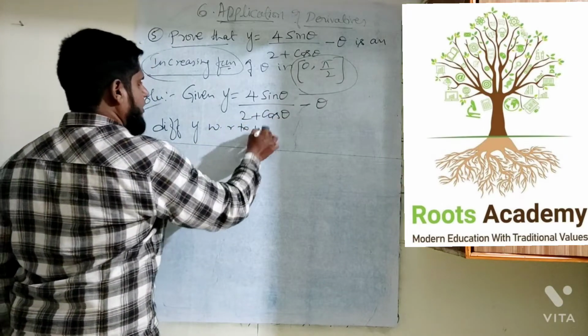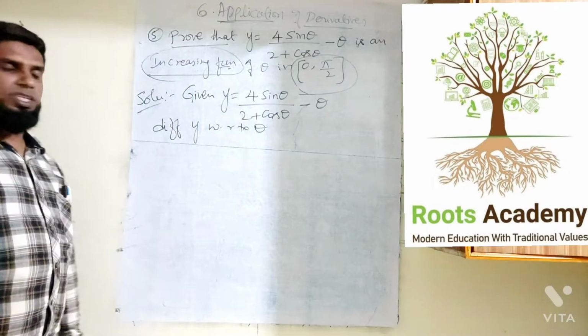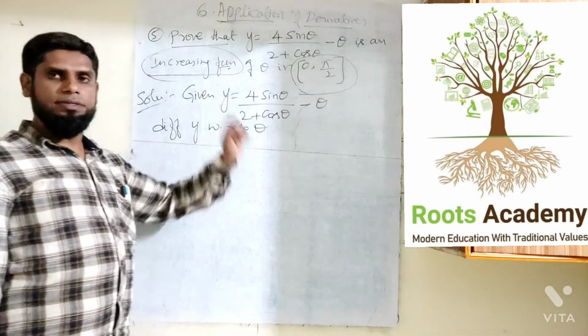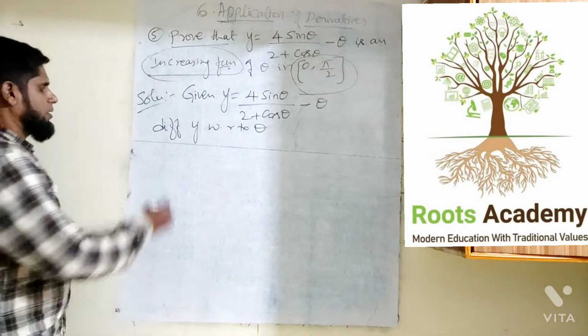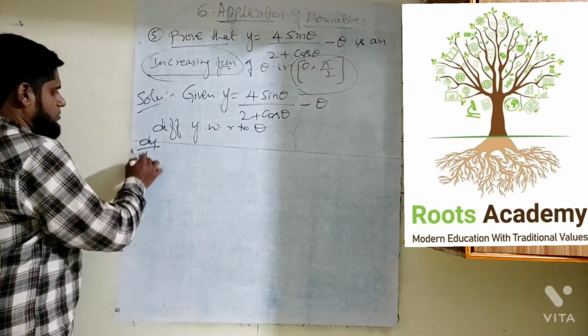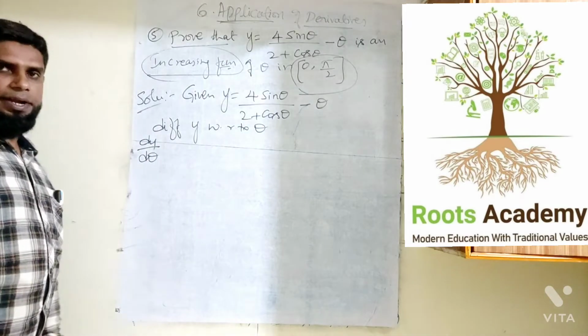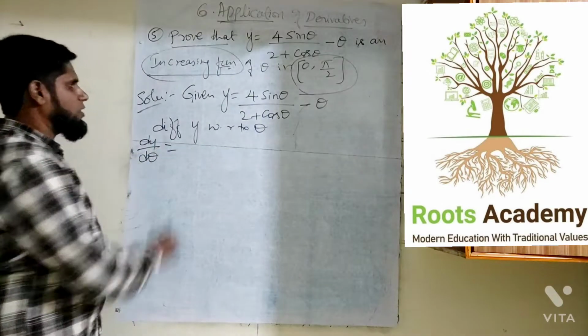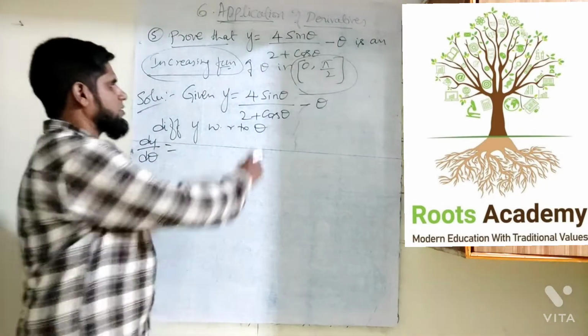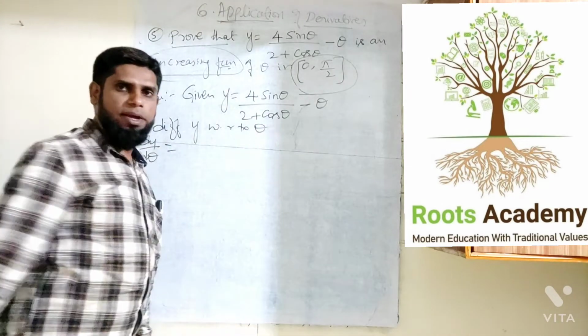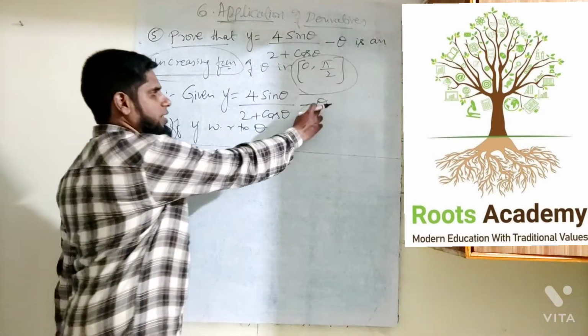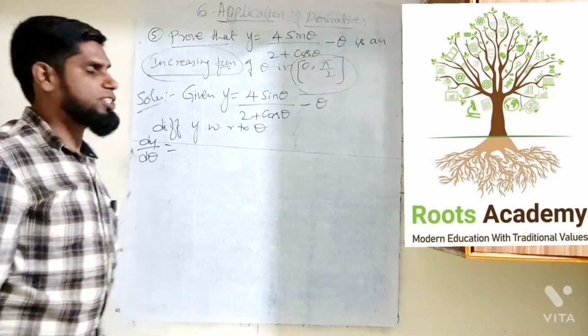Theta is the independent variable, so let us differentiate with respect to theta. So this becomes dy by d theta. That is equal to, again, for this we must apply the quotient rule, and this we can directly differentiate.